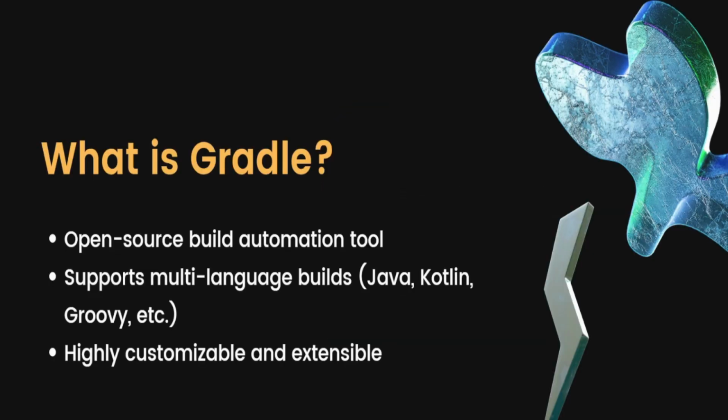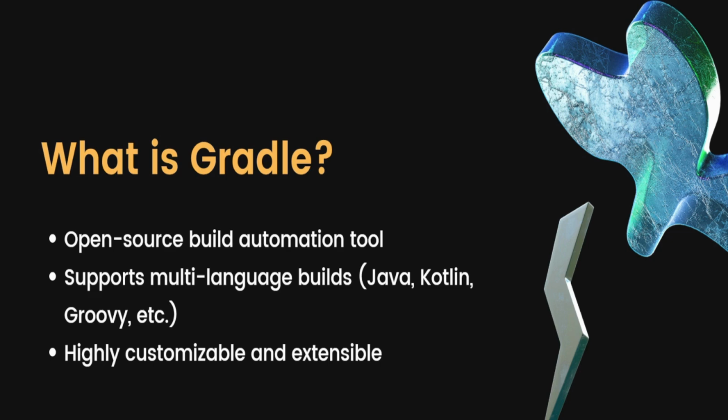Before working with a Gradle project, let us understand what Gradle is. Gradle is an open source build automation tool. As we know, an automation tool is used to perform tasks such as compiling the code, running, or building our code automatically.